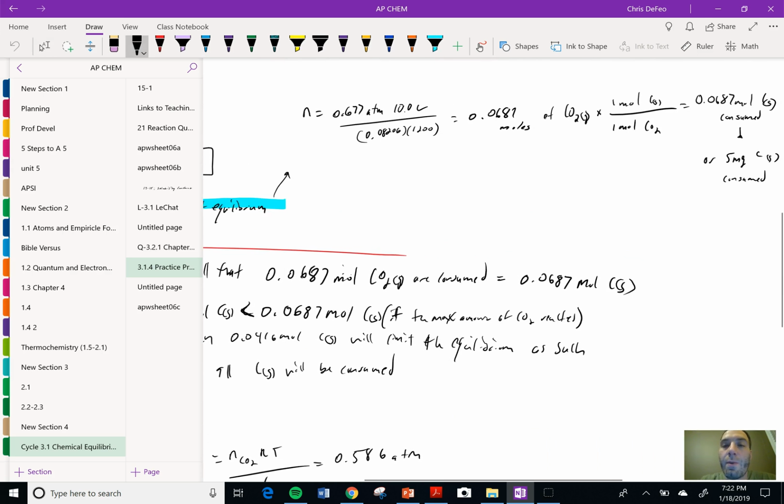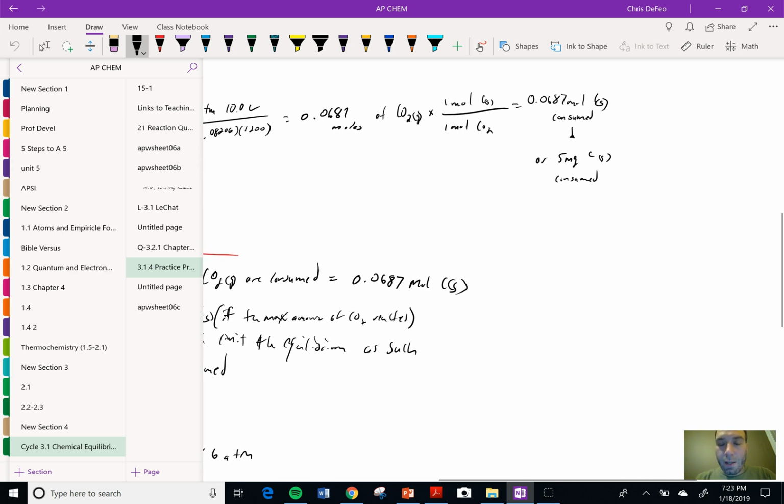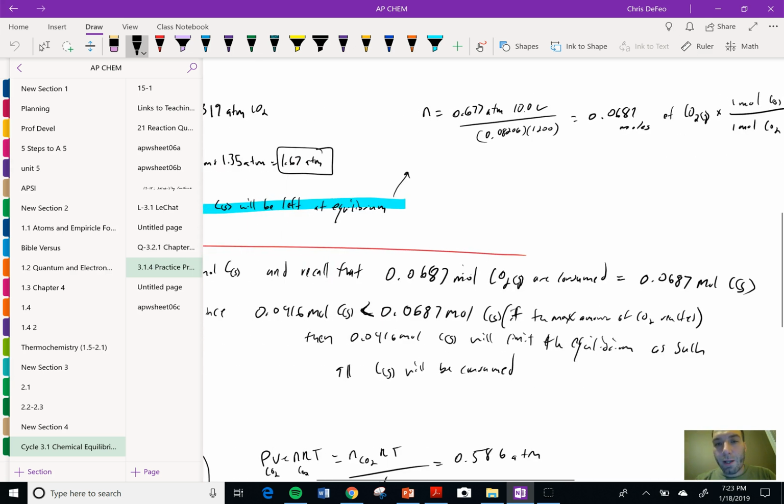And when we do that, we end up finding out that we are going to utilize 0.0687 moles of carbon dioxide, and that is the same number of moles of carbon that's consumed. And you find out that really you only use about 5 milligrams or so of carbon solid consumed.